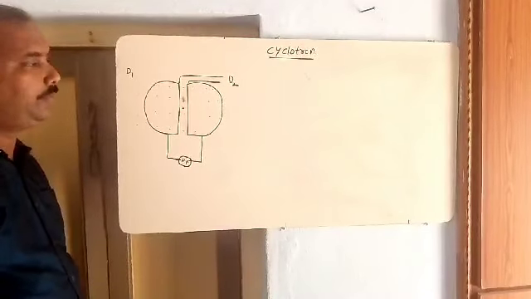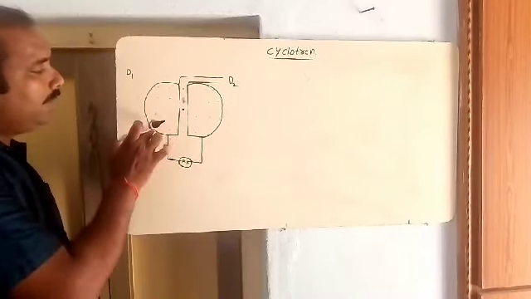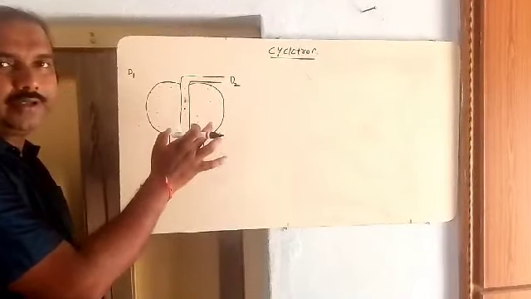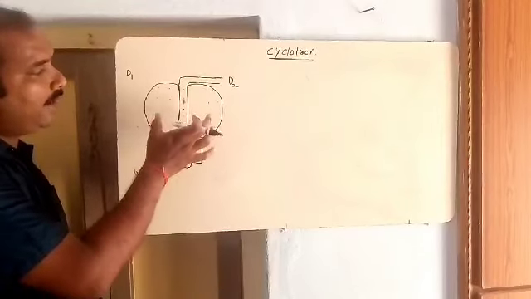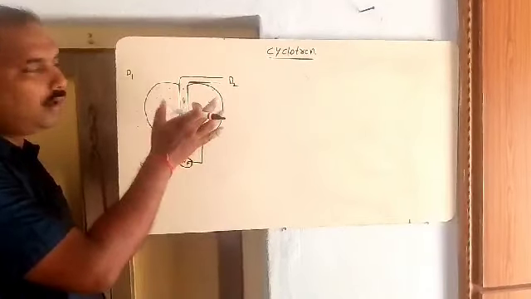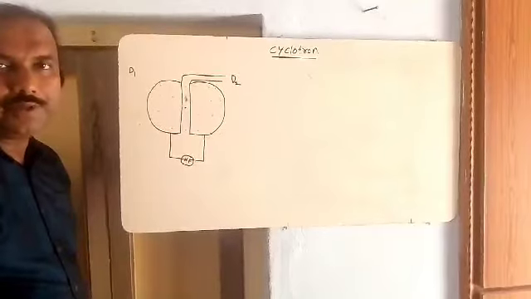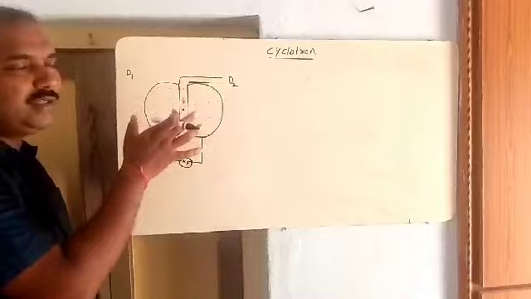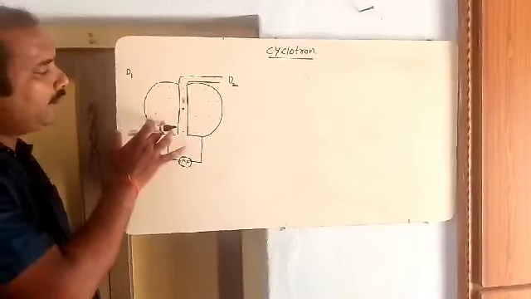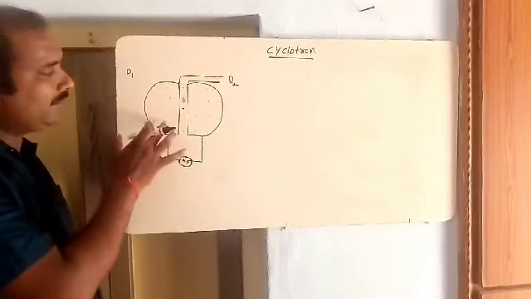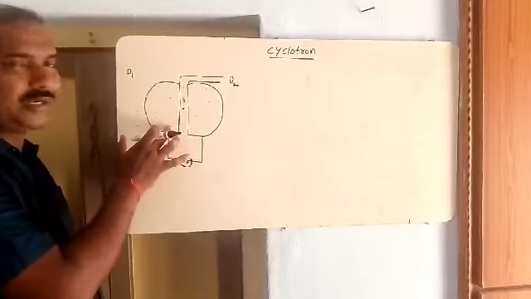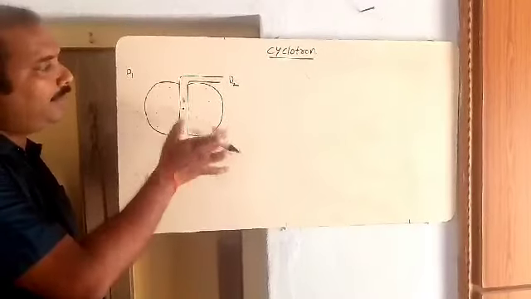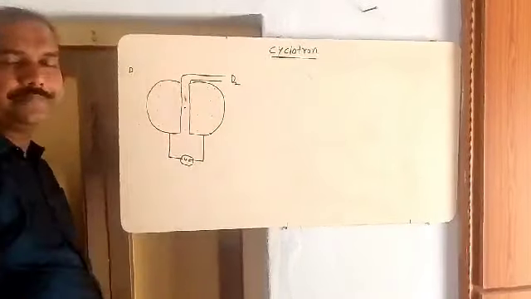Now, D1 and D2 are shielded, insulated from each other, and also these two D's are kept inside the vacuum chamber. If they are insulated from each other, what is happening here? The electric field is 0 and the potential is constant. Here also the electric field is 0 and the potential is constant, but the magnetic field is acting.